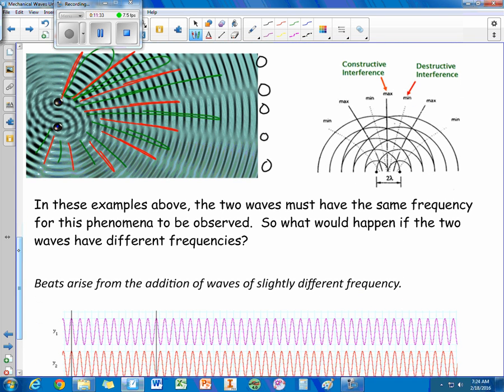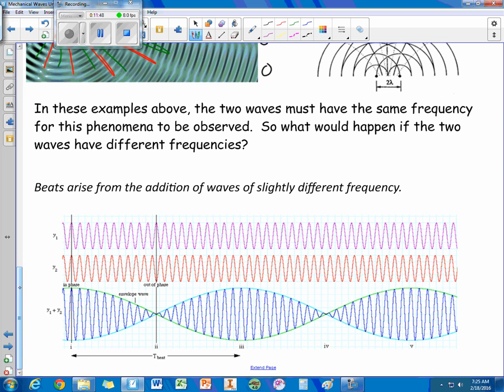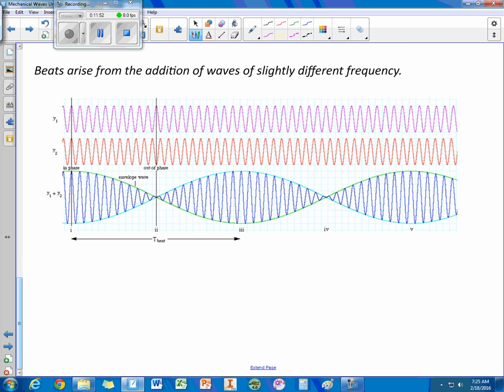In these examples, the two waves must have the same frequency. If they have different frequencies, you will not observe this phenomenon, not the same way that you would think. So what would happen if they do have different frequencies? That's where we get something called beats. So here I have two waves with the same amplitude, but slightly different frequencies.